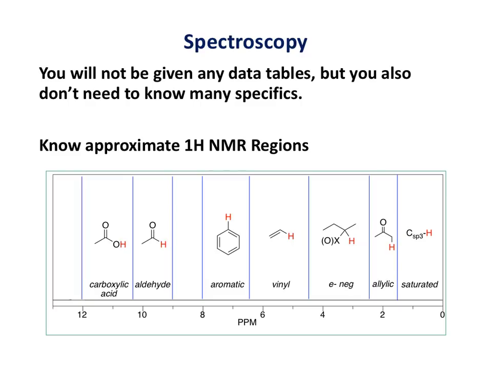Then the allylics are a little higher than that. Then if you have a hydrogen on a carbon with an electronegative atom, that becomes a little higher. Then double bond hydrogens, aromatic CHs, and then your carbonyl, like the aldehyde or carboxylic acid. So these are general regions, but exact cutoffs probably aren't that important.